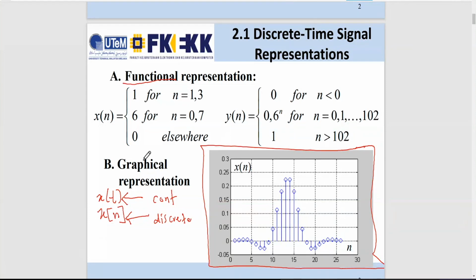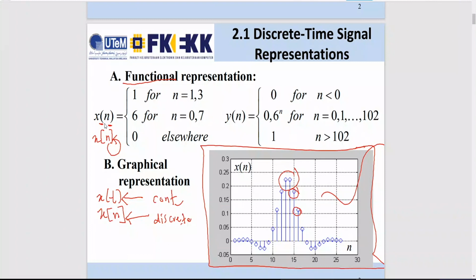But in this slide, we are actually sharing the slide between our colleagues in FTKK, so this is not a good example here. The original should be like this, because the n and the square bracket refer to discrete. When we talk about the straight line, it refers to continuous.